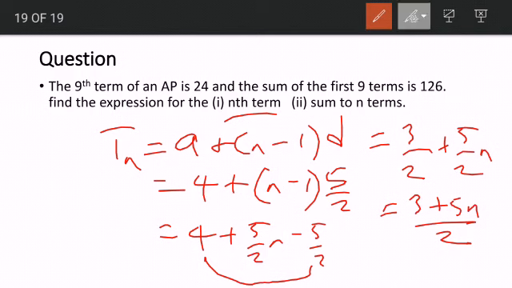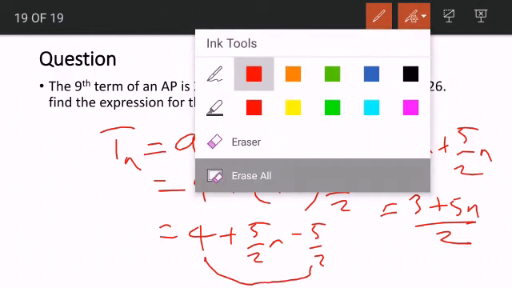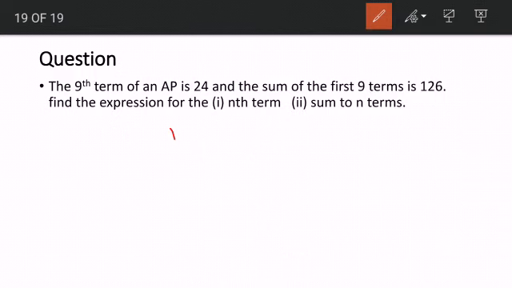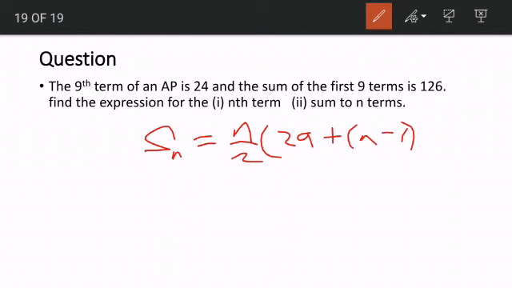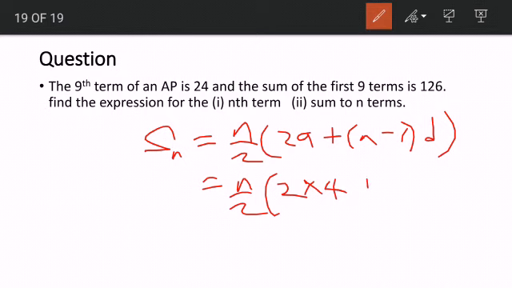Now the next is the sum of the nth term of the AP. So the sum of the nth term, where you have Sn equal to n over 2 into 2a plus n minus 1 d. Okay, so that is your n over 2 into 2a. Remember, we got a to be 4 plus n minus 1 d. Remember, d is 5 over 2.